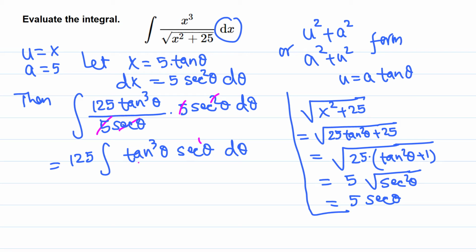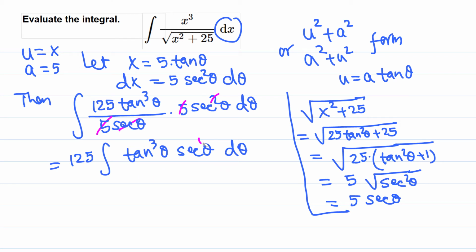You know why? Because u equals tangent theta is not going to work. The derivative of tangent is secant squared, and we don't have enough secant squared, just 1 here. Even if we had 3, that would be bad, because we need a square or fourth power, etc. So tangent is not the candidate.